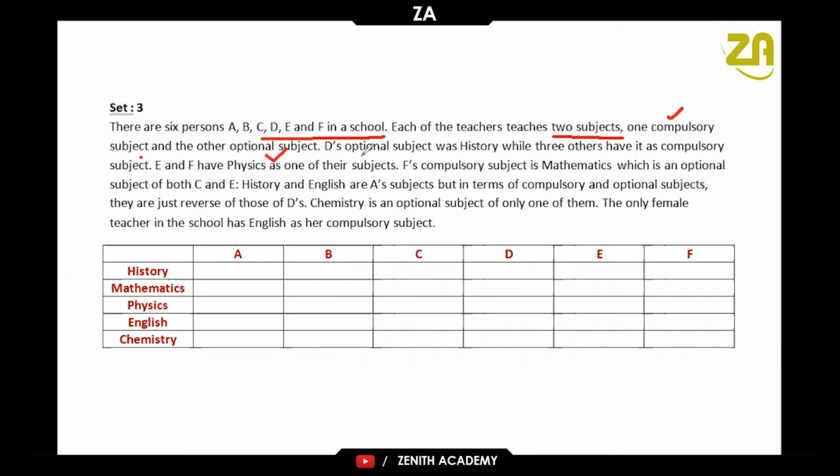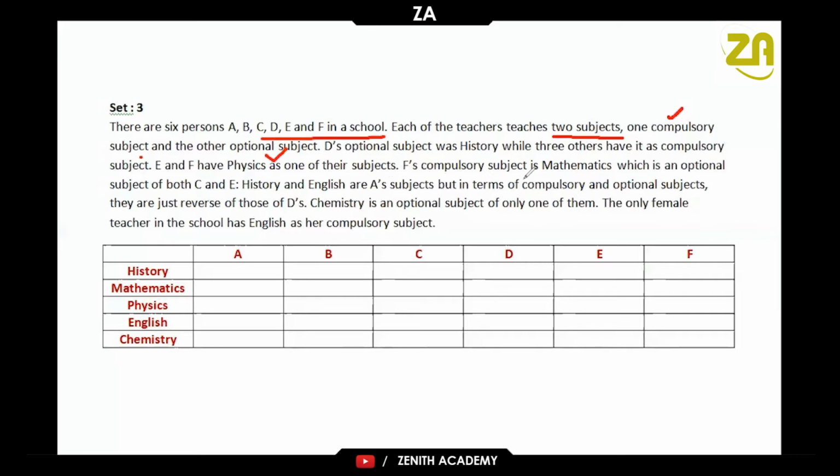D's optional subject was history, while 3 others have it as a compulsory subject. E and F have physics as one of their subjects.